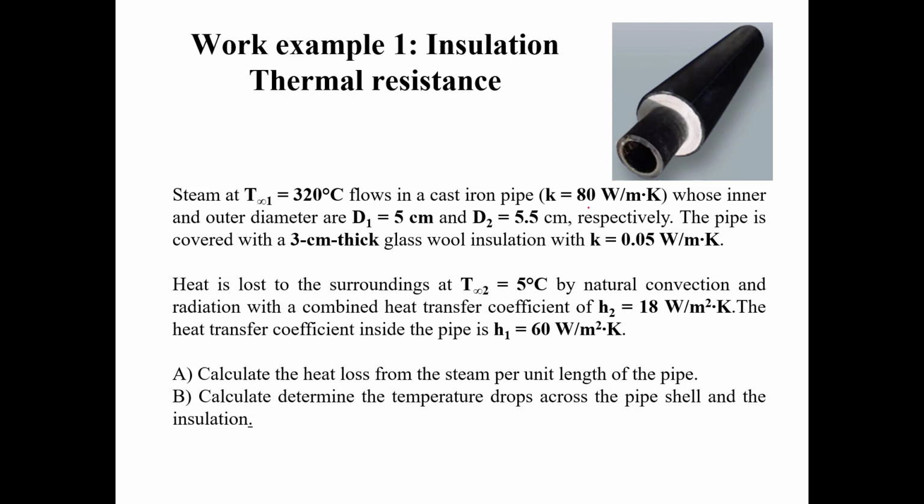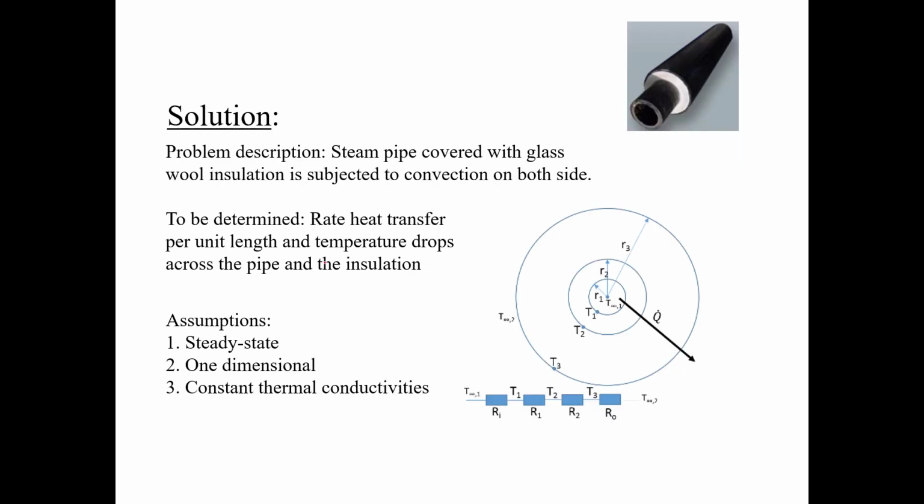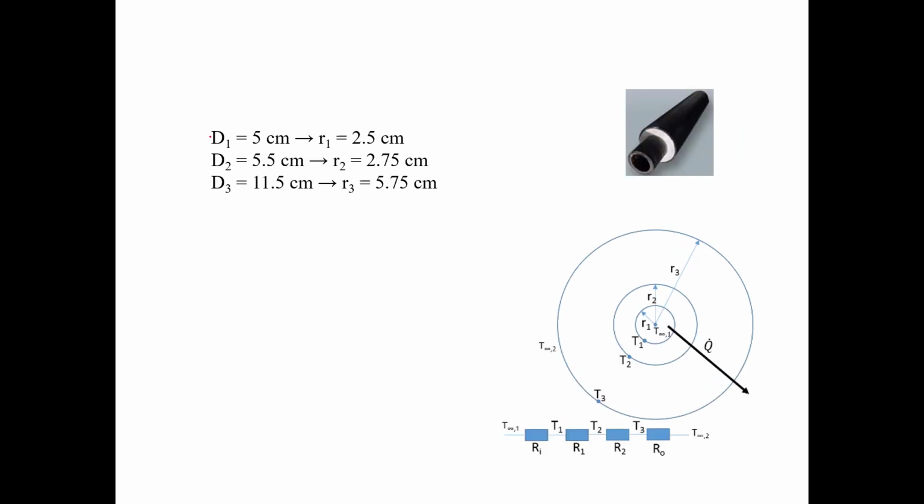Okay, so you are given several sets of data here. So you are given, for example, if we simplify it, the diameters of different pipes. Okay, so if you look at this geometry here, so you have the inner surface, this one is where the hot fluid is moving, so you know the inner diameter of the pipe.